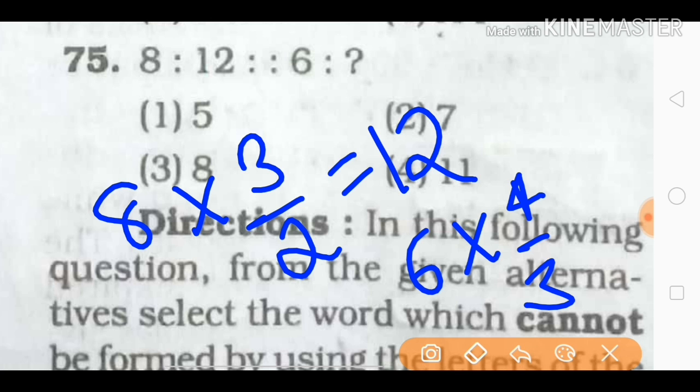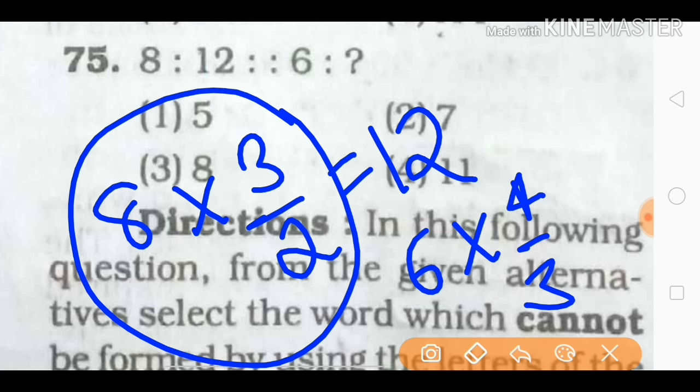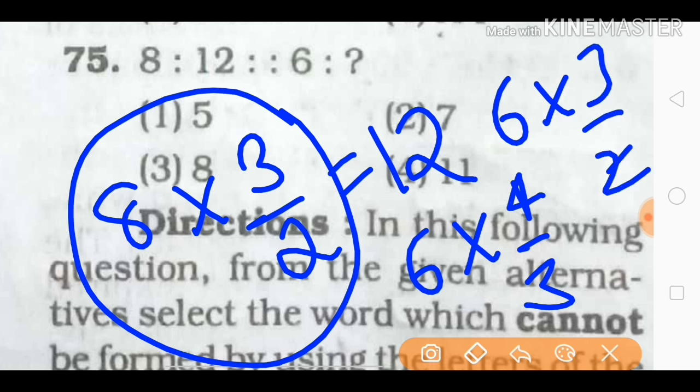Well guys, reasoning is a subject where sometimes the logic we apply, the logic we enforce, doesn't make sense, but we get the answer, right? Here as well, 8, you might have been thinking that here we should also multiply by 3 by 2, 2 3 9, 9 should be the answer.